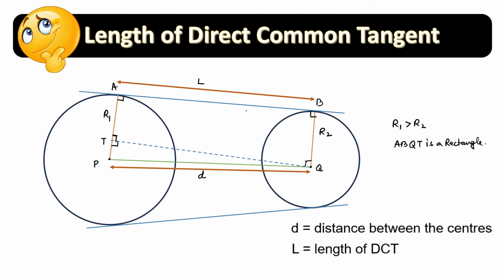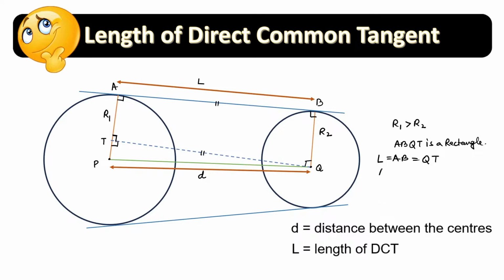Now the length AB, which is the length of our direct common tangent, is same as the length QT. As ABQT is a rectangle, therefore AB will be equals to this side will be equals to this side. Am I correct?